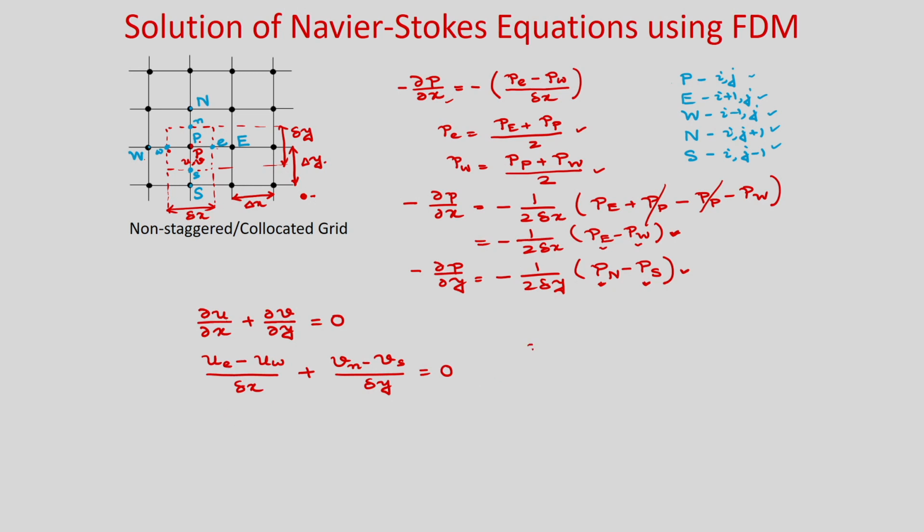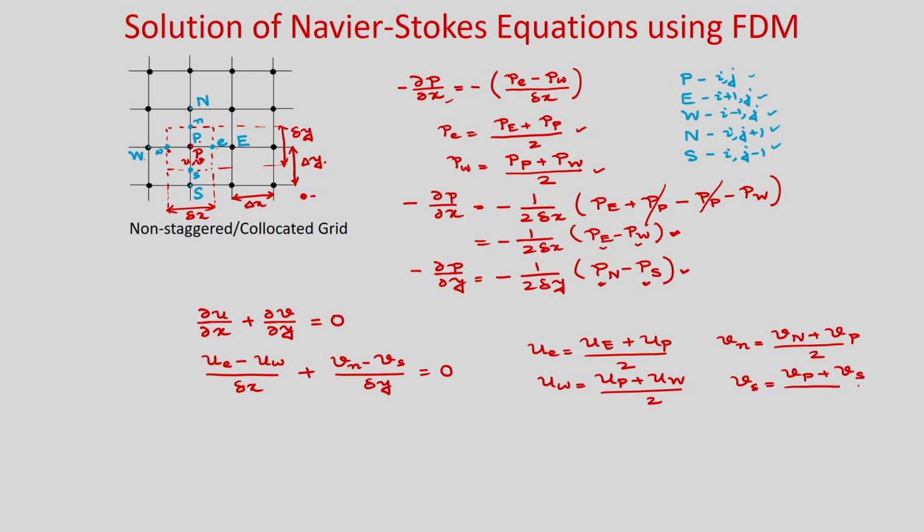So, you will use u e as (u E plus u P) divided by 2. Similarly, u w as (u P plus u W) by 2, and v n as (v N plus v P) divided by 2, and v s as (v P plus v S) divided by 2.